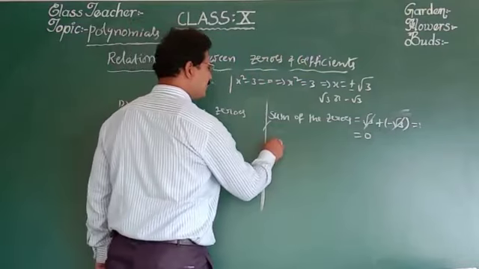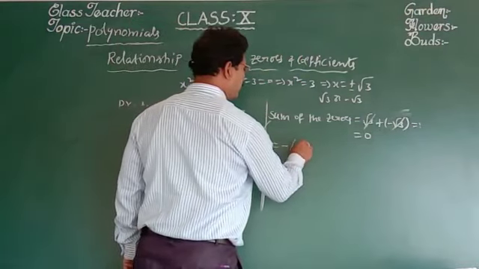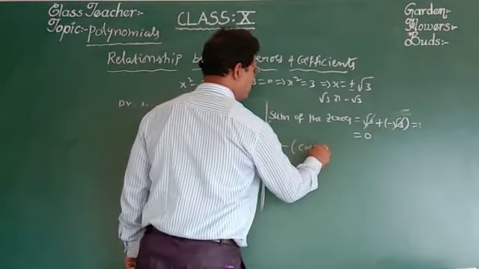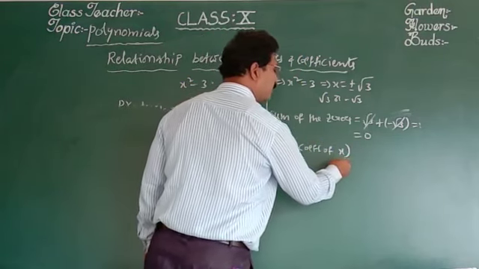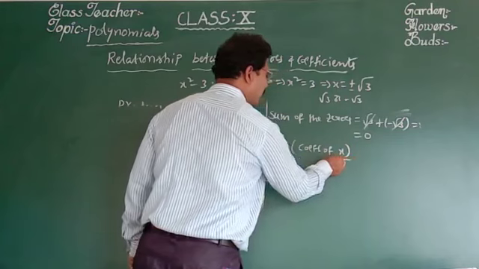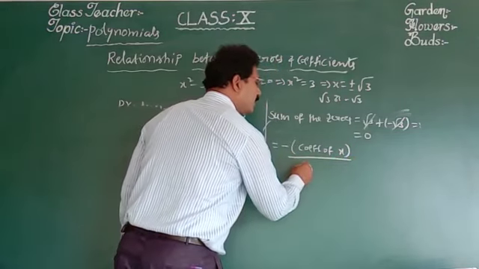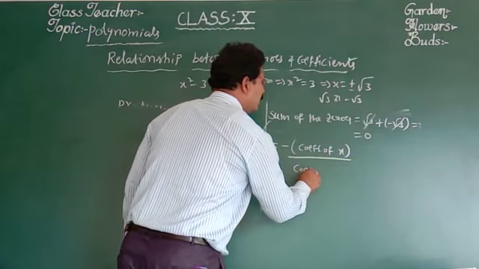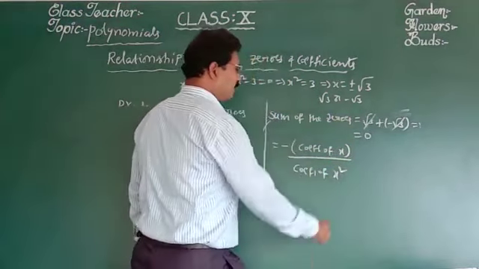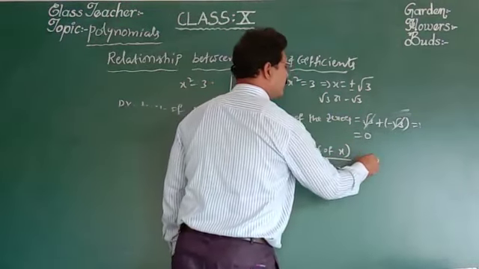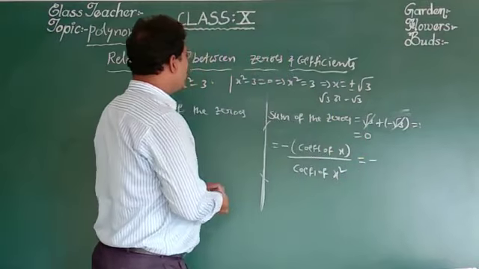Now, what is minus coefficient of x by coefficient of x square? So it is equal to minus, what is the coefficient of x?